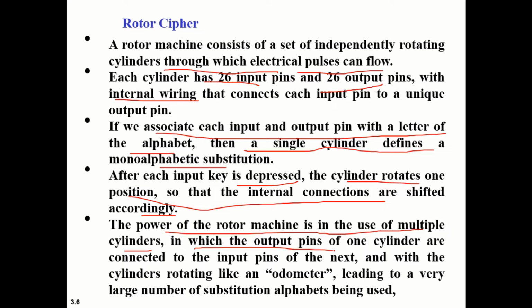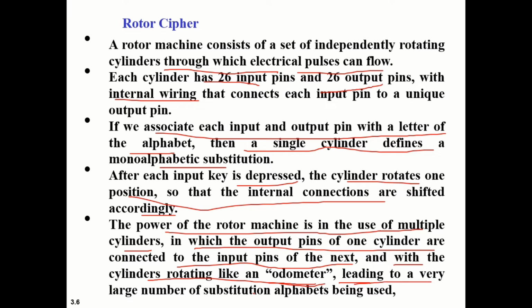In which the output pins of one cylinder are connected to the input pins of the next, as we have already seen. And with the cylinders rotating like an odometer, ओडोमीटर जैसे ये जो मैंने आपको बताया इलेक्ट्रिसिटी मीटर और ये सब काम करता है, वैसे ही ओडोमीटर काम करता है, which is an instrument which we use for calculating the distance.